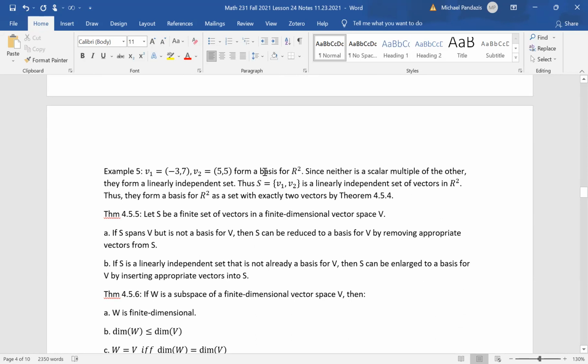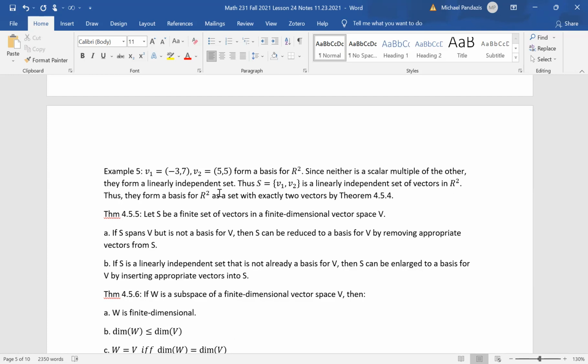In example 5, you have V1 and V2, and they form a basis for R2, right? When you have a 2-element set, since neither V1 nor V2 is a scalar multiple of the other, together they form a linearly independent set. So S equals {V1, V2} is a linearly independent set of vectors in R2.